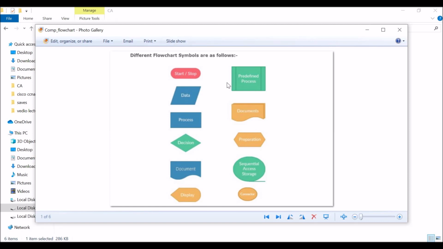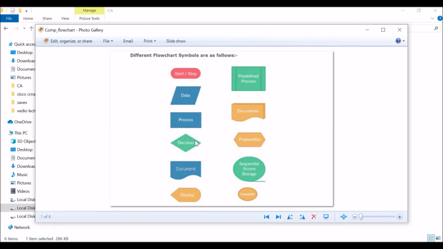As you can see, the first one is the start and stop, which marks the start of the problem. Next is data, whatever we are inputting or outputting. This one is process. The process means we are doing something, like calculating the average, considering the previous example. Decision.